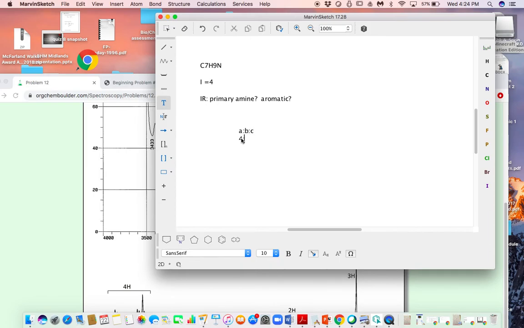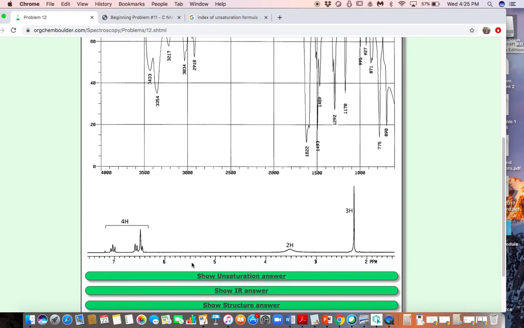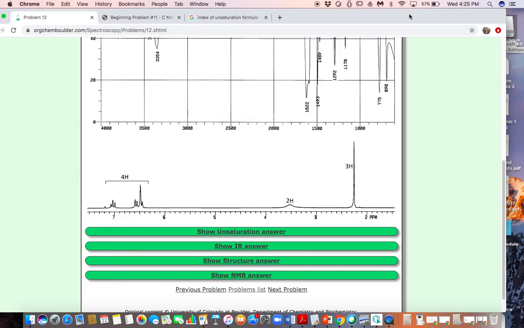Say 4, 2, 2, 2, 3. Okay. Now, the signal A is found in a very unique part of the chemical shift spectrum. It's found from about 6.5 to just a little bit over 7.